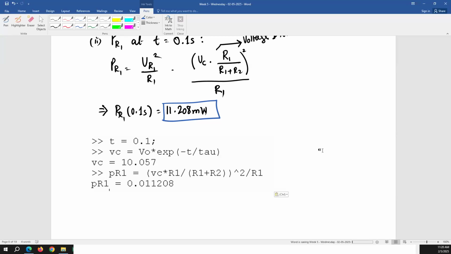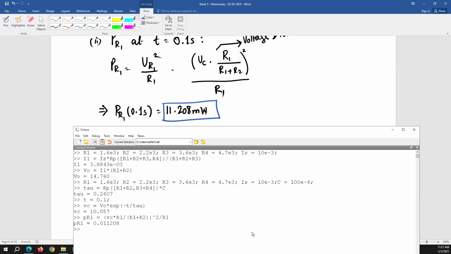Of course, V naught and tau, all of those variables are in my Octave work, so I don't have to enter the values. Tau I calculated already, V naught I calculated.